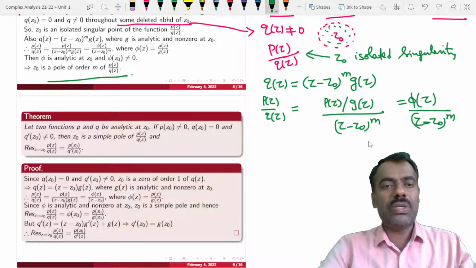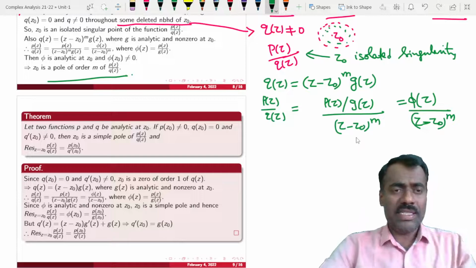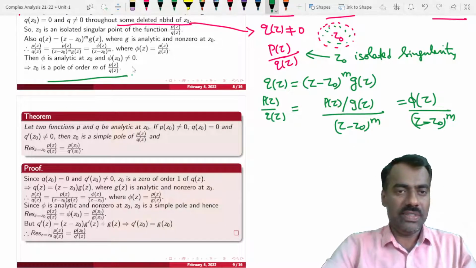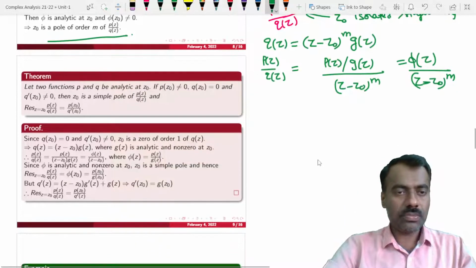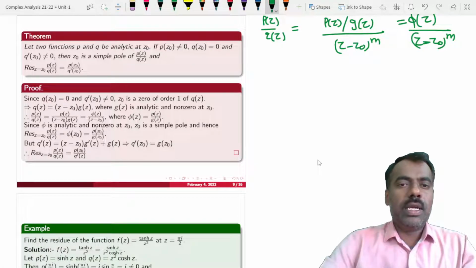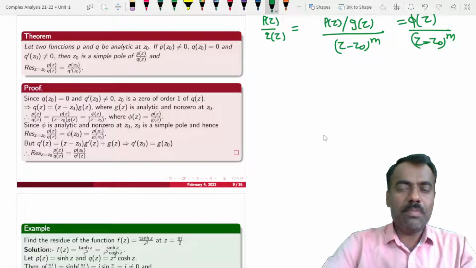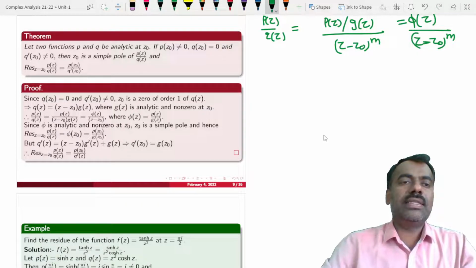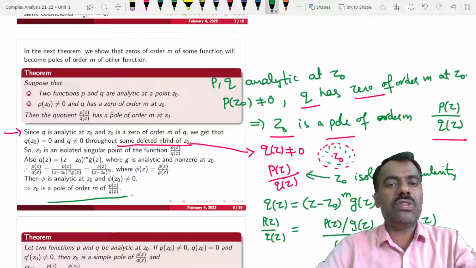If something is a 0 of one function, then that point is a pole of another function, namely p of z by q of z. Now here we can calculate for a simple pole. It follows from here.